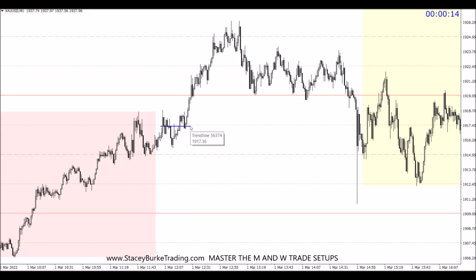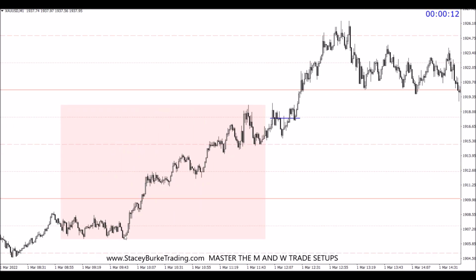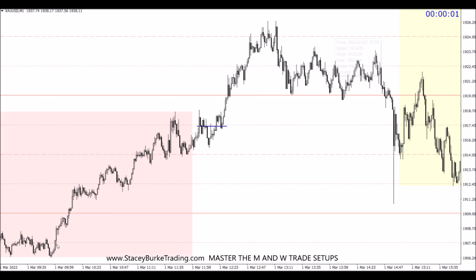Now, coming back to when this move began off the bottom, this move began at the London hour. So that's the 4 o'clock New York Eastern Standard Time, 4 to 5, 5 to 6, 6 to 7. That's 1, 2, 3 on the hourly. So at the end of that third hour, it's possible we might be getting a high put in place. This is exactly right at the end of the third hour.